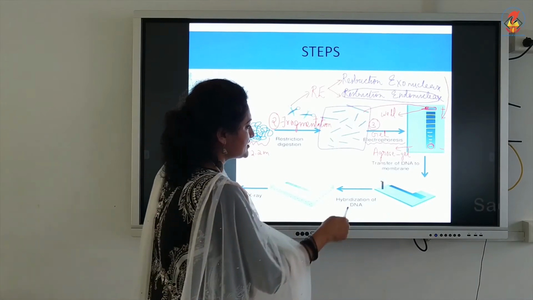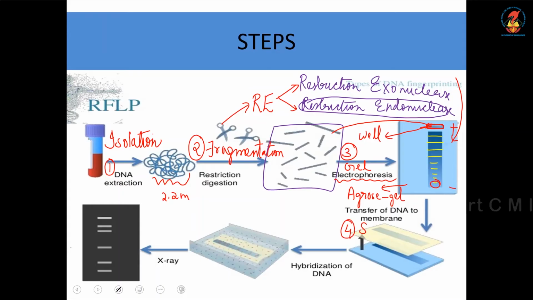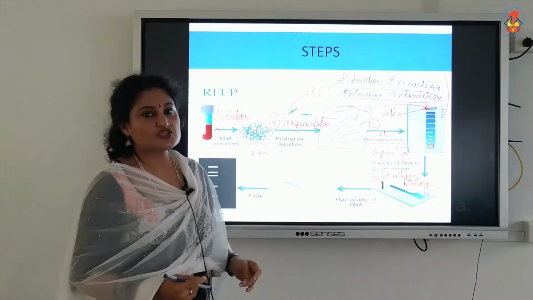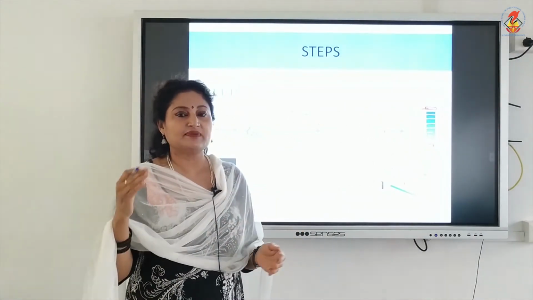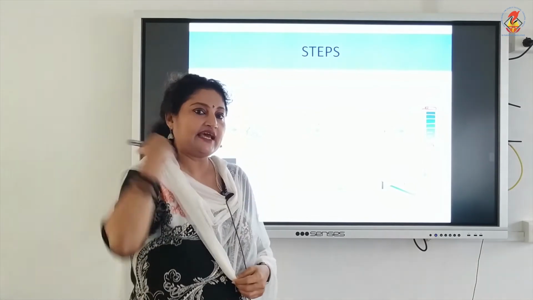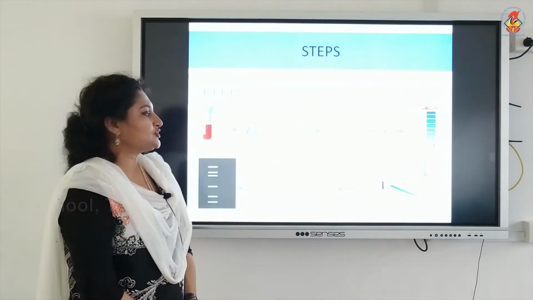This process is known as southern blotting. So our fourth step is southern blotting. I hope the diagram also is clear, indicating southern blotting. It's as simple as this. The segmented DNA, or the fragmented DNA, is transferred to a nylon paper or nitrocellulose sheet.